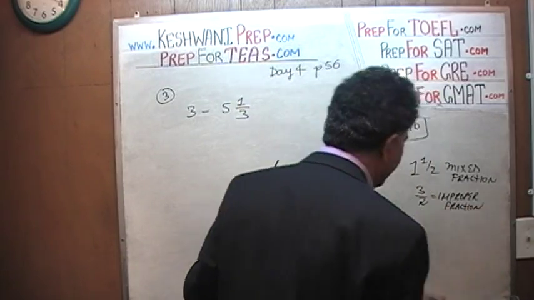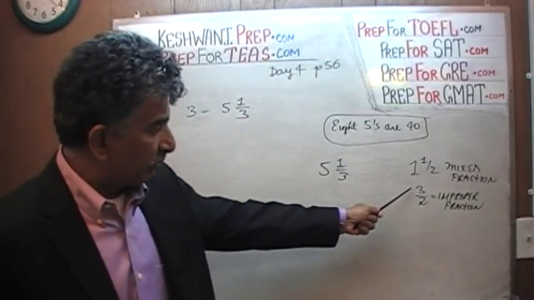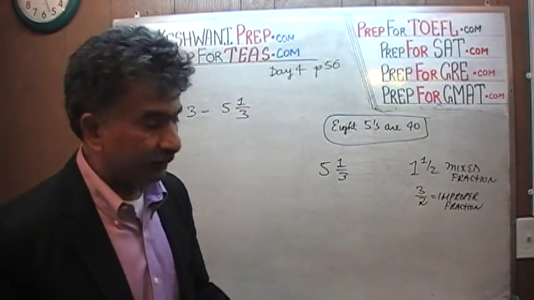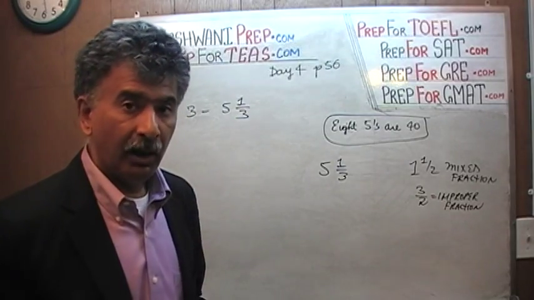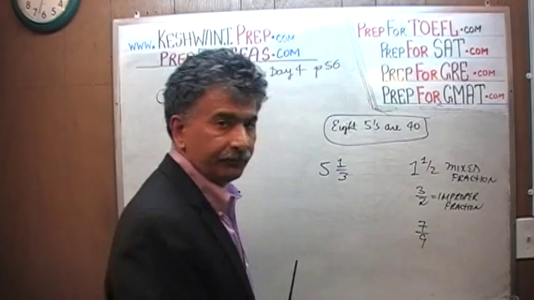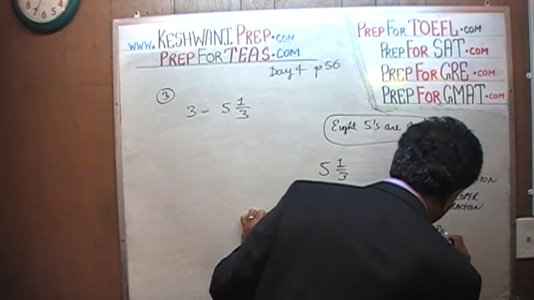It's called improper because the top is more than the bottom. In other words, this thing is something more than 1. A proper fraction is where the top is less than the bottom. This is called the proper fraction.